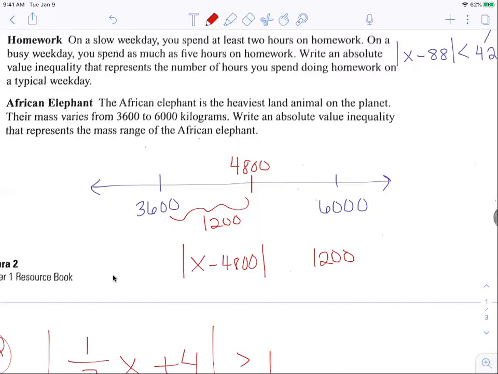So the mass of the elephants varies from 3,600 to 6,000 kilograms. So the middle of that mass goes in the middle of the absolute value symbols. And then it's saying that their mass varies or ranges from those two values. So again, if that's the range, then the elephants would be in between those two.